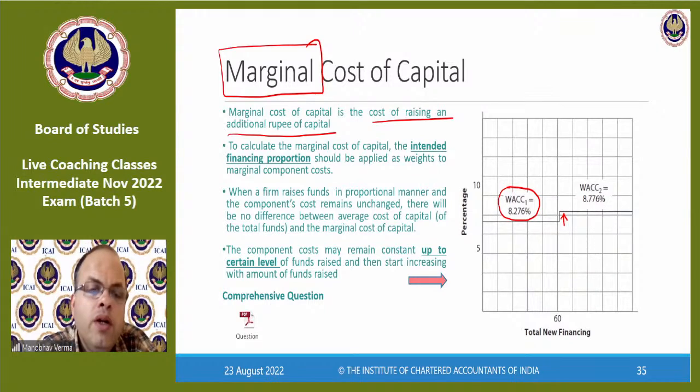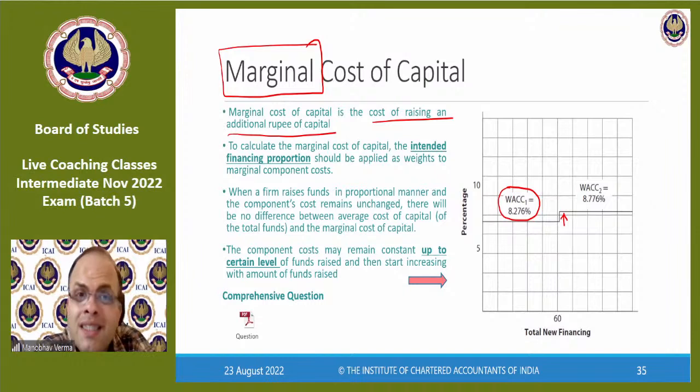So to calculate the marginal cost of capital, we need to understand the intention of the management. If we want to expand, let's say a company currently has a capital structure of 20 lakhs with something from debt, something from equity. Now they want to expand and raise another 10 lakhs. Do they intend to keep the same proportion, yes or no?